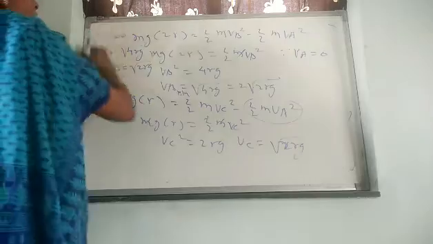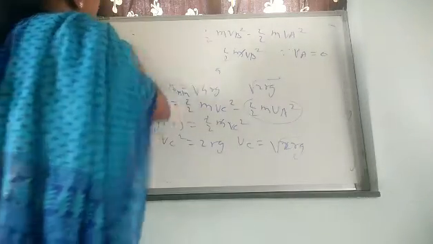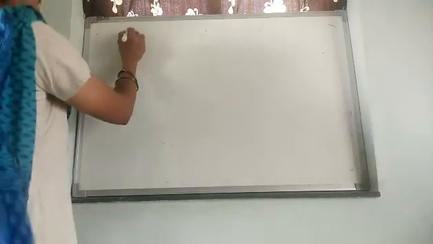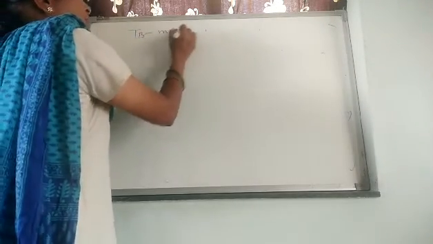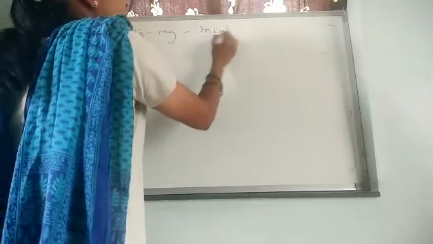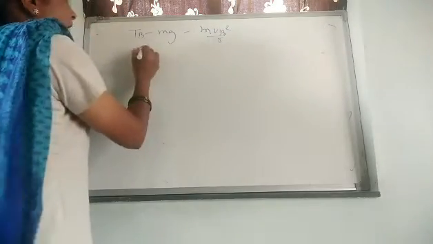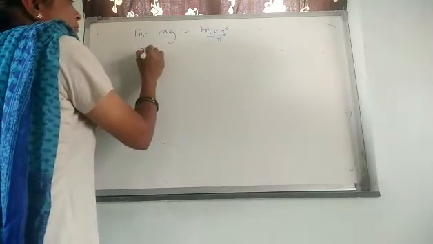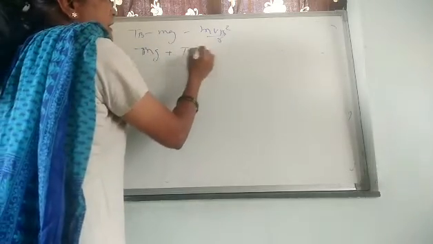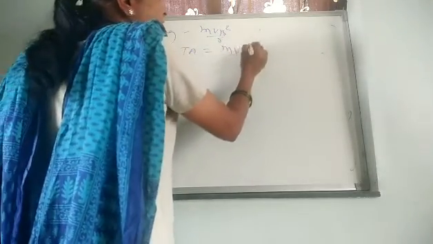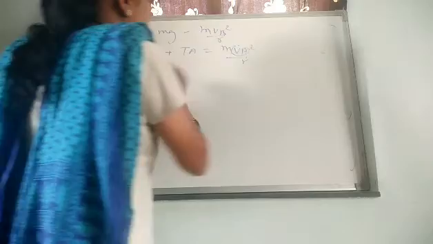Now here you want to find the difference between the tensions. Here again Tb minus Ta is equal to 6 mg. In this case, as you know, Tb minus mg is equal to mvb square upon r, and mg plus Ta is equal to mva square upon r, but Va is equal to 0.